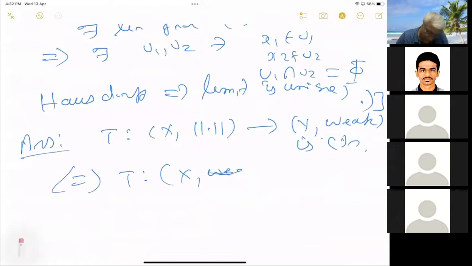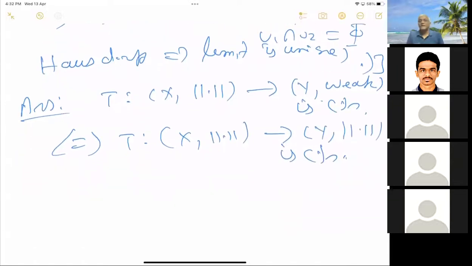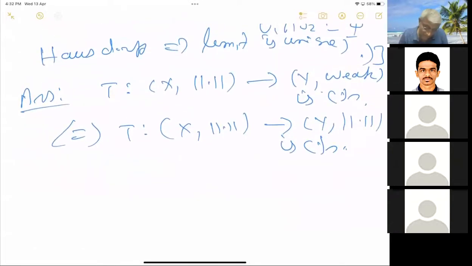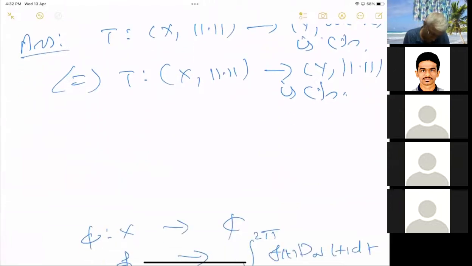No, it's not going to be weak. Please do this. The same idea, closed graph theorem or something, and it will work. One of them will follow immediately. The other one, you have to use the closed graph theorem. So please do this. Okay. But then it is not true that this is not true. What is not true is the following.